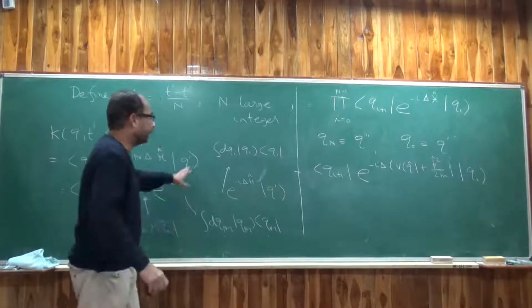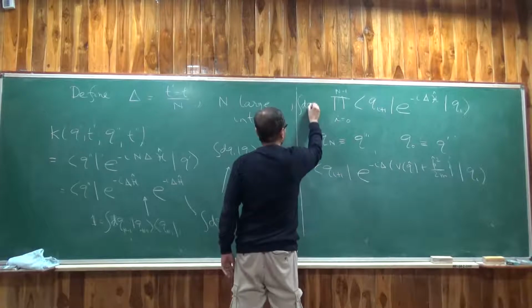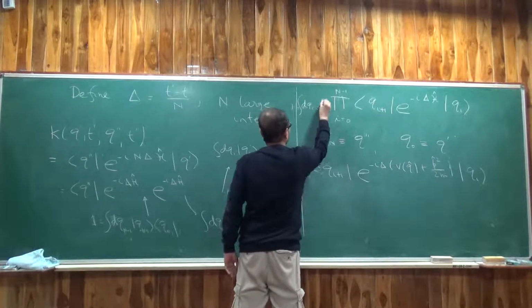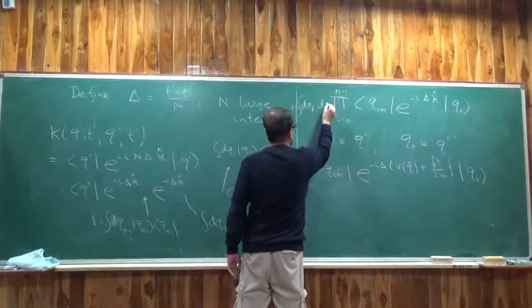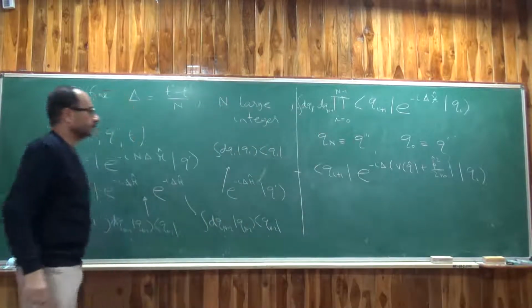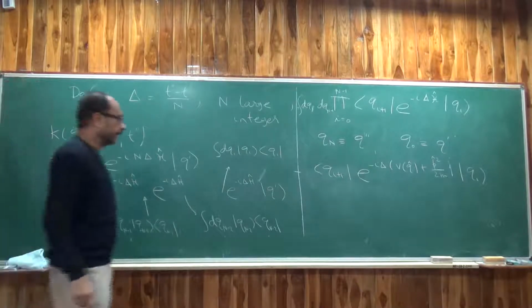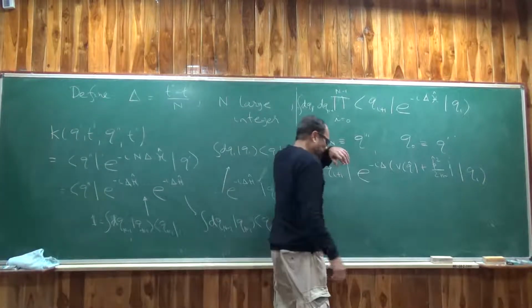Yeah, so the integral I will be performing later: integral dq2, dq1 to dq n minus 1. Okay, so you have to evaluate this.